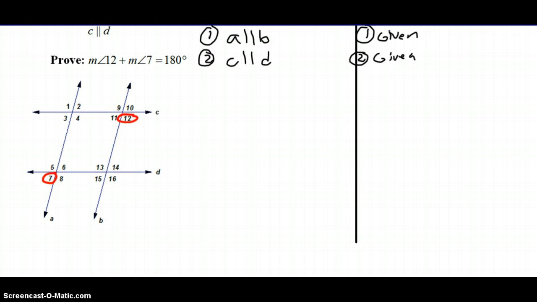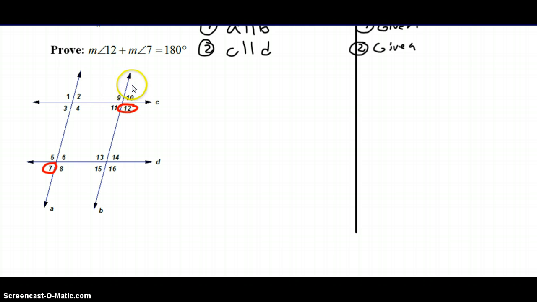I know that angles 12 and 3 are same side exterior, and so those add up to 180. Then 3 to 7 are corresponding angles, and those are congruent, so we could do some substituting.